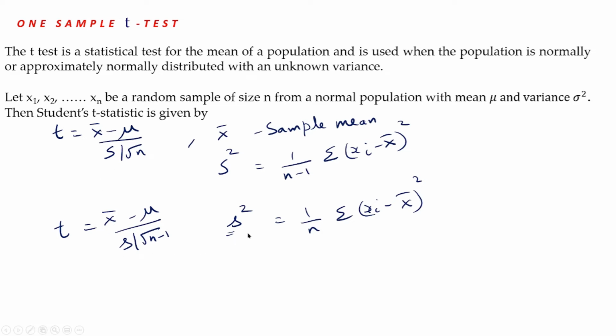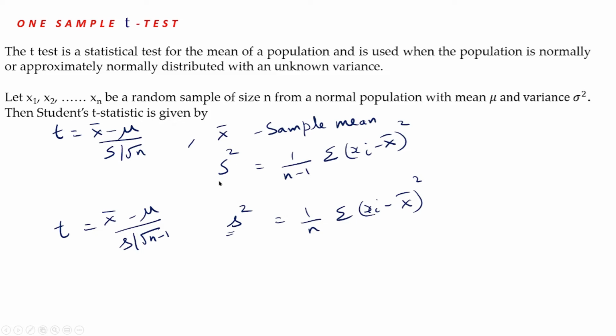So if the sample variance or the sample standard deviation is given, we can use this formula. On the other hand, if the sample observations xi are given, we can use this formula to find capital S, or if the sum of squares of deviations from the mean is given, then again we can use this capital S.